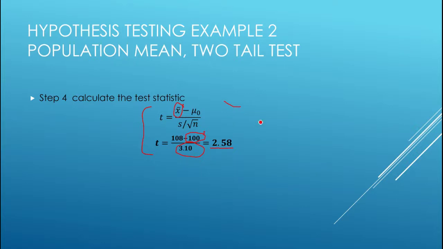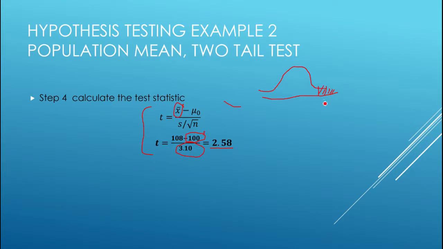The only thing that I'll mention here is that before, when we had a right-tailed test, it was a large t-statistic that provided evidence against the null hypothesis. So our rejection region was out in the right tail of the distribution of the test statistic. But now we have a two-tailed test.